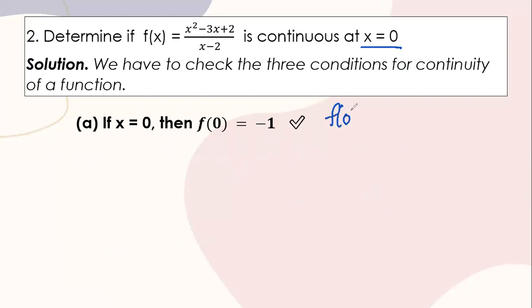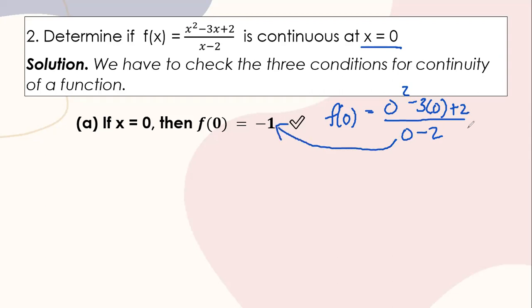So we have f of 0, which is 0 squared minus 3 times 0 plus 2 over 0 minus 2. And thus, we get the value of 2 over negative 2, which is negative 1. So we got a value of negative 1. Nasatisfy yung first condition.